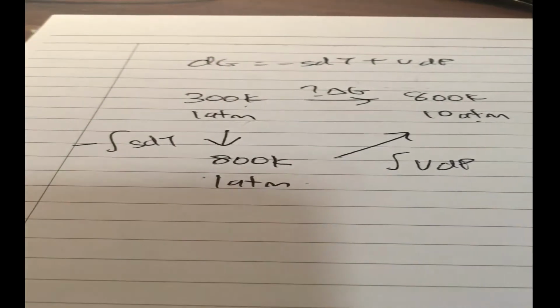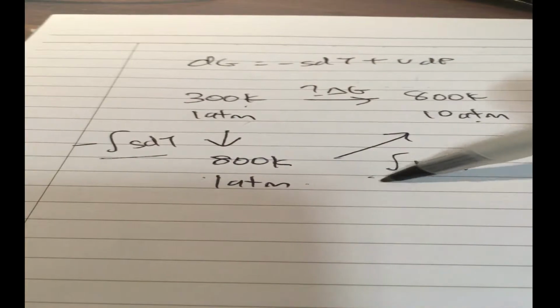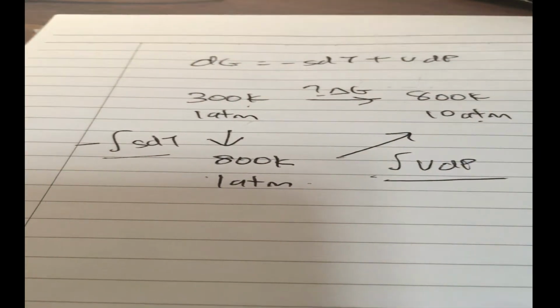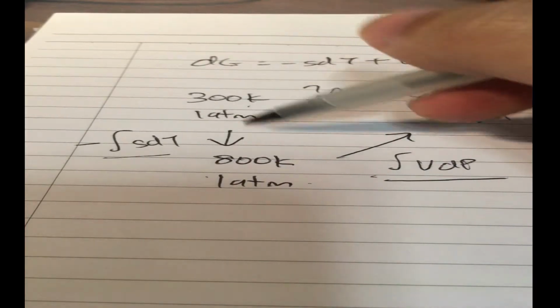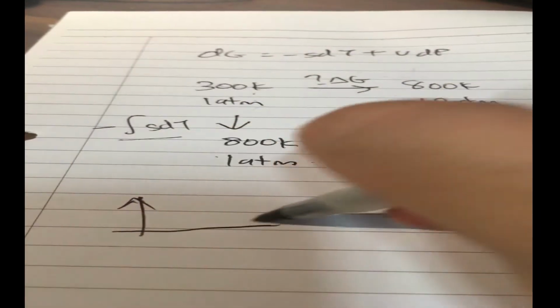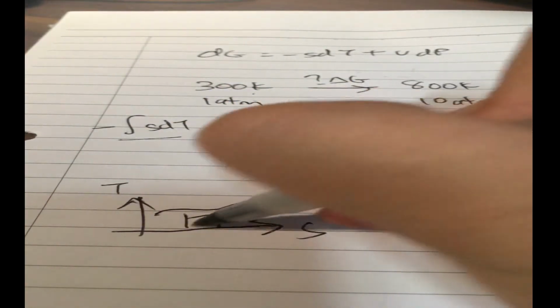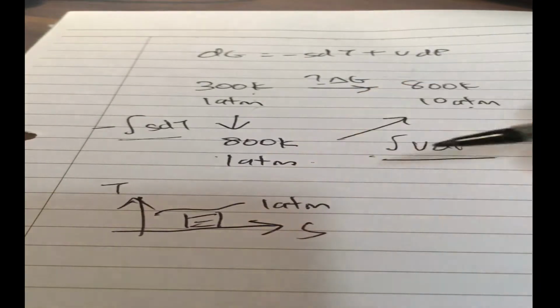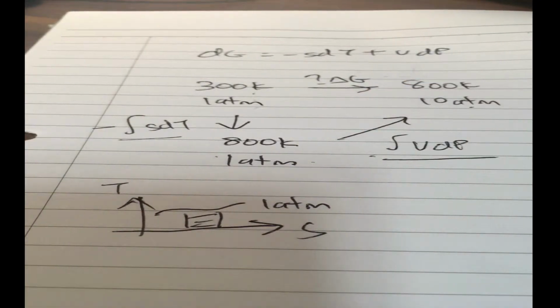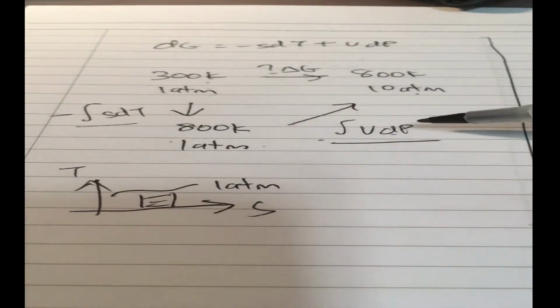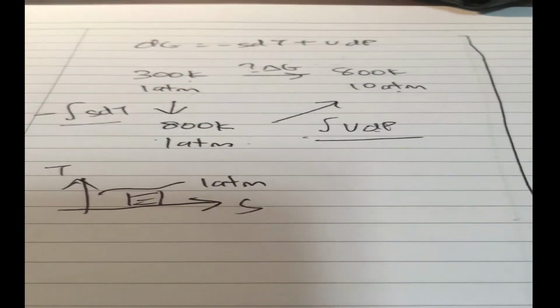So you have this part and this part, and you can find your delta G. The only T versus S graph you need is the 1 atmosphere graph. Then you just find this PV graph, and your problem is solved.